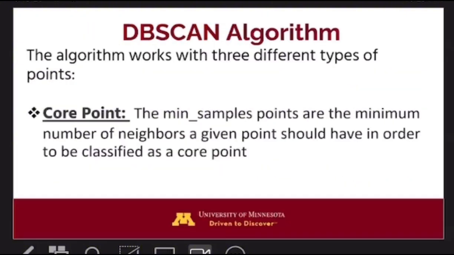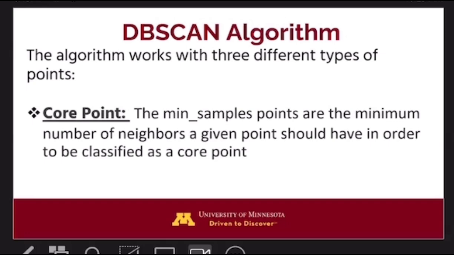Now, I want to go further demonstrating this. We have some elements that we use in describing density-based clustering of applications with noise. There's something that we call core points.